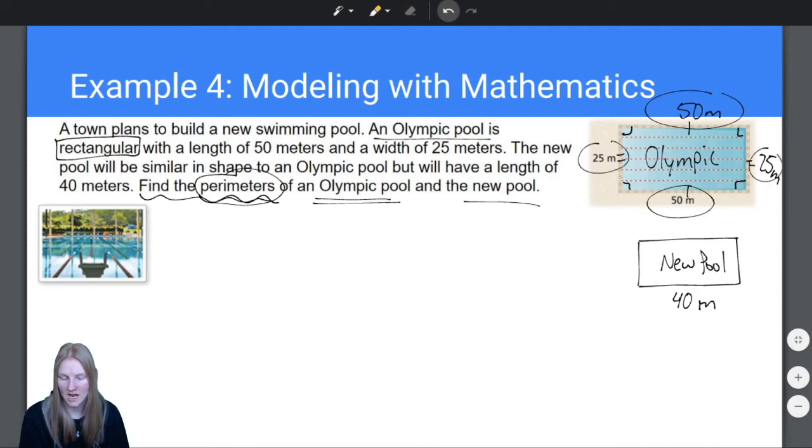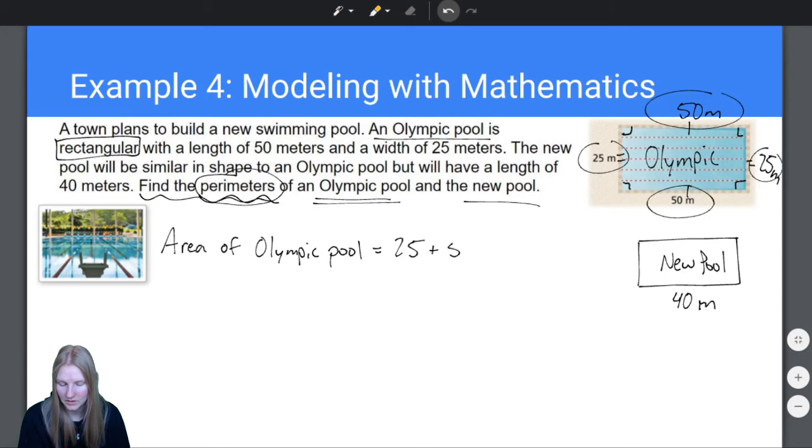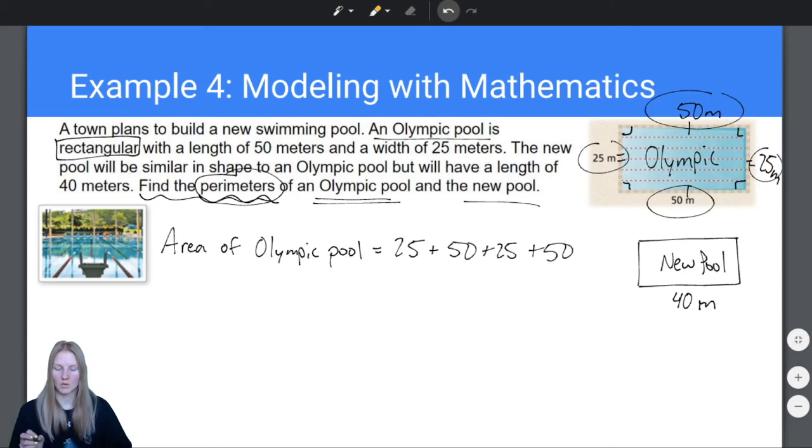I can just add. So, we can say area of the Olympic pool is 25 plus 50 plus 25 plus 50, which is, let's see, 50 plus 50 is 100, 125, 150.